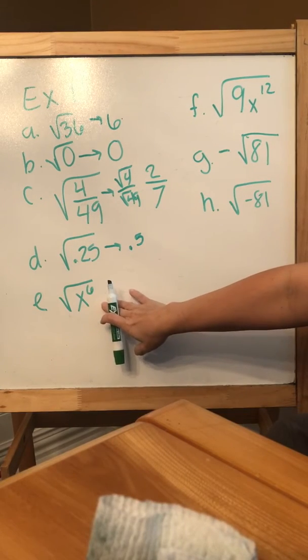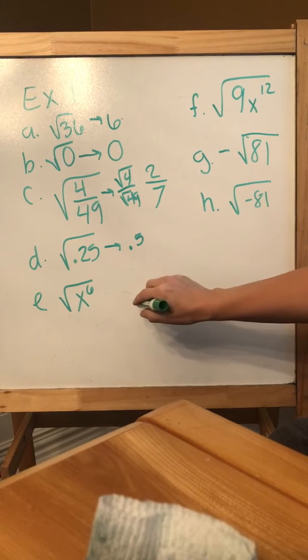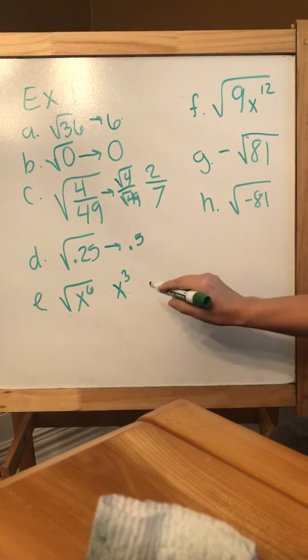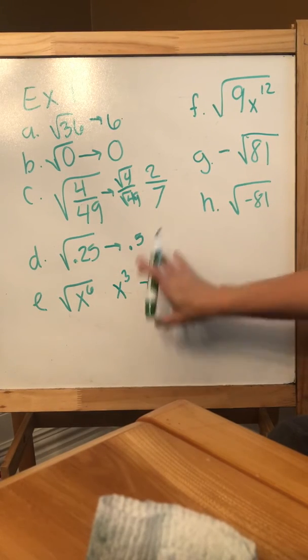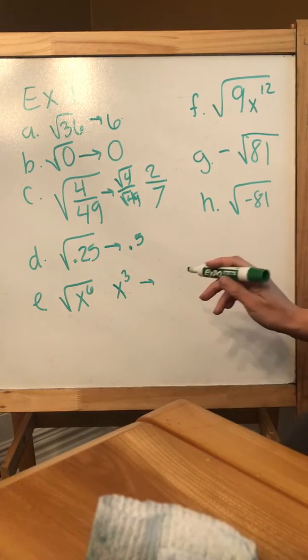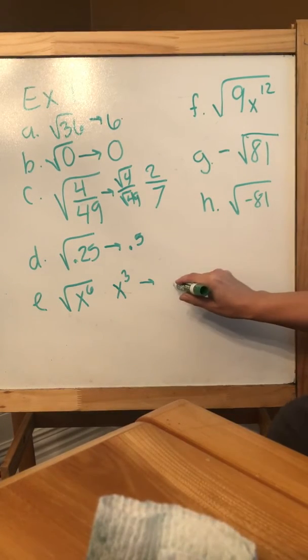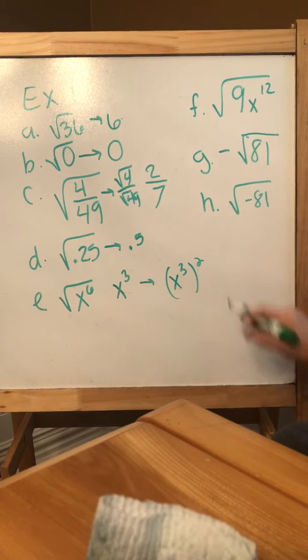All right, how about letter E here? The square root of x to the 6th. That is actually x cubed. To show you why, we would say x to the 3rd squared, and what does that give us?